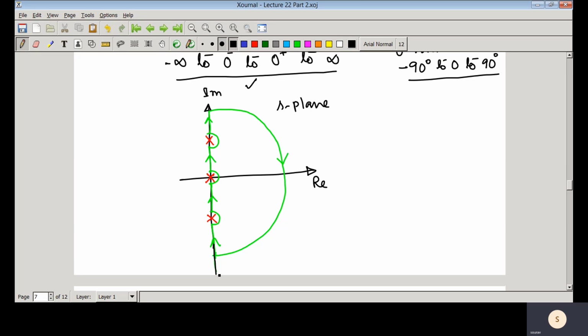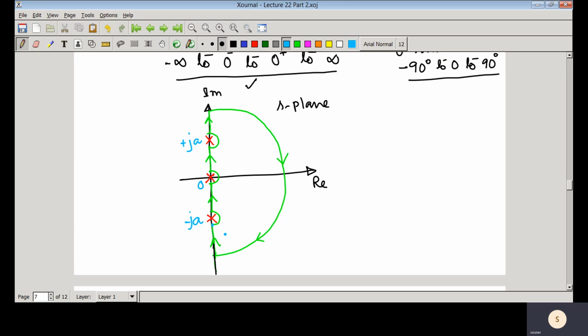Then we can see here how omega will be varying. Suppose this is minus ja, this is plus ja, and this is 0.